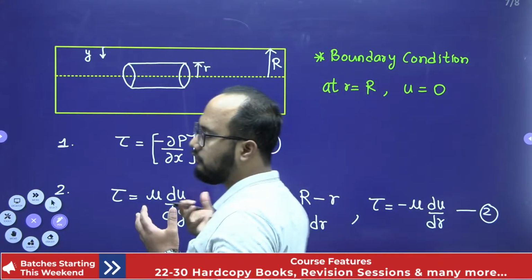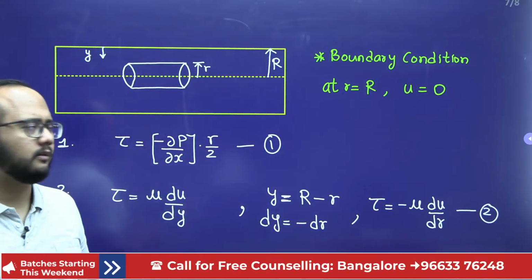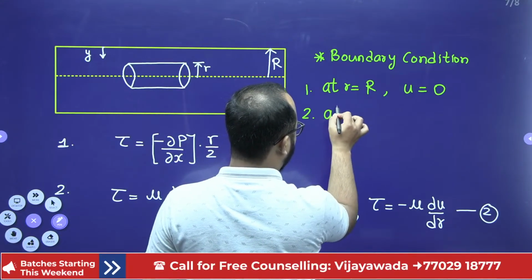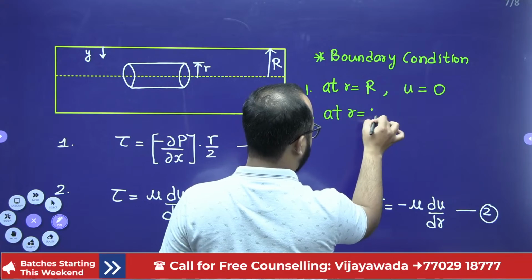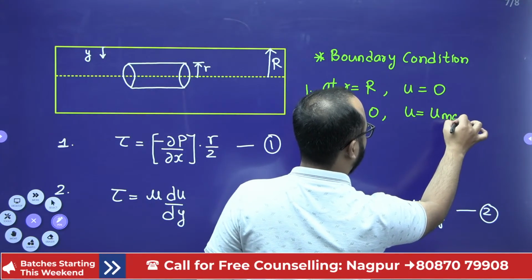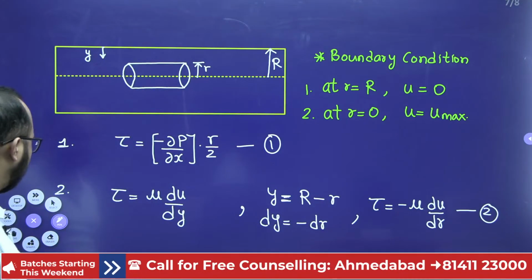Obviously, at the wall surface, velocity will be 0. That is a very obvious boundary condition. The second boundary condition: at r equals 0, that is at the center line, the velocity will be maximum. These are the two boundary conditions that everyone should understand.